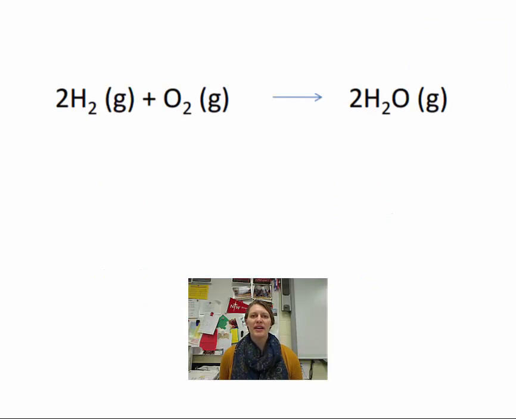Okay, so now let's apply our redox reactions to the entire reaction, the whole equation. What I have here is we're making water. We're combining hydrogen gas with oxygen gas to produce that water. And we need to figure out what is being oxidized and what is being reduced. In order to do that, I got to figure out the oxidation numbers.